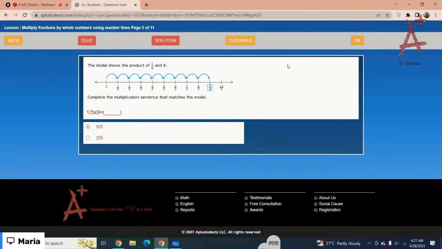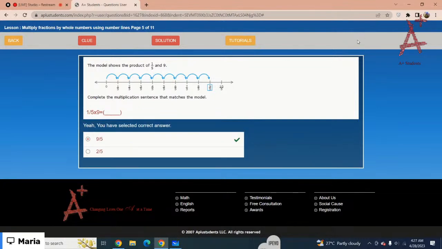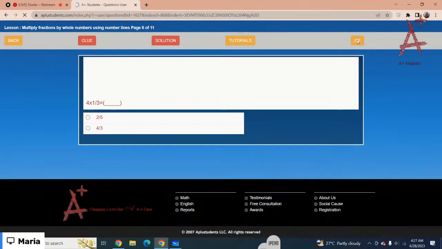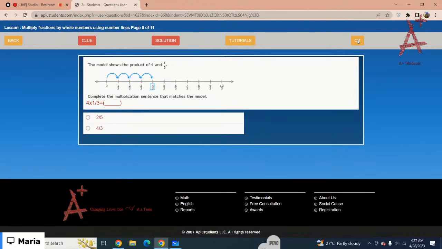The correct option is 9 over 5. Okay, 4 times 1 by 3 equals, okay, the next one is, yes, that is 4 over 3.